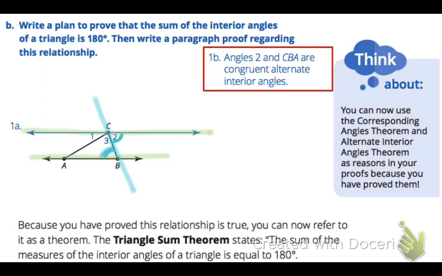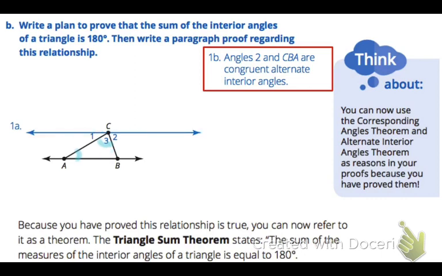The reason this is important is because remember, we said this straight line will equal 180 degrees. We also said that if I were to cut off this angle and this angle from a triangle and line them up, they will form a straight line.